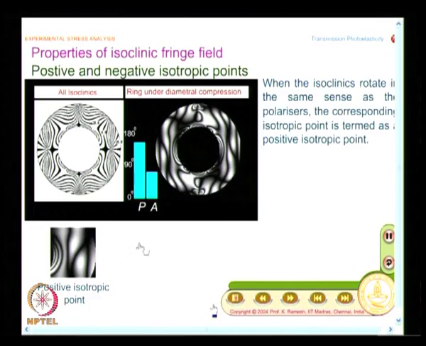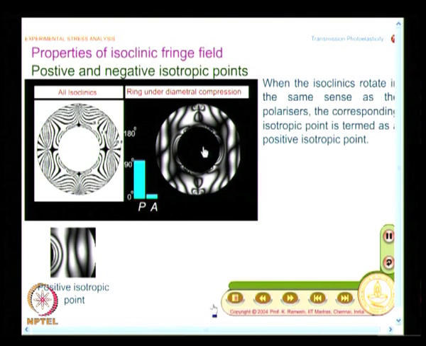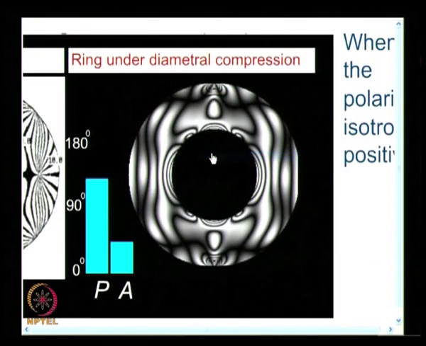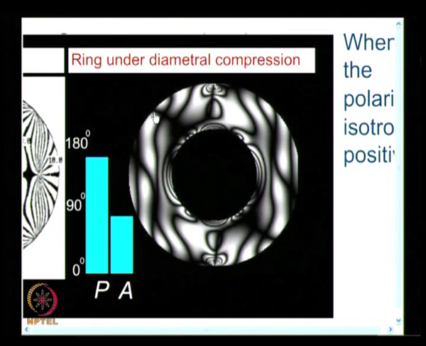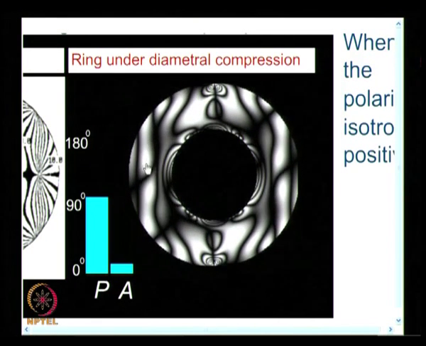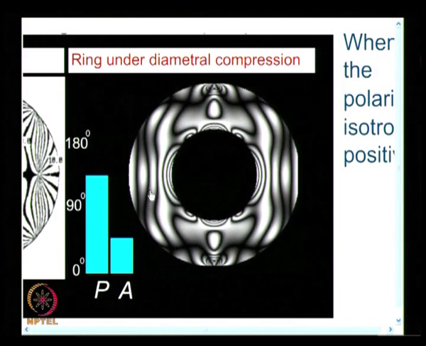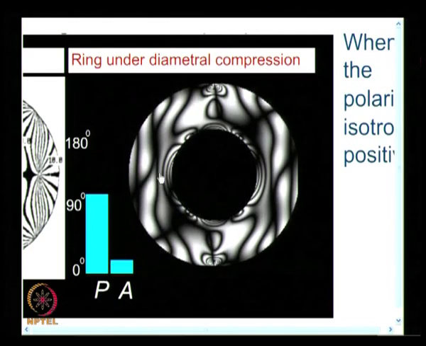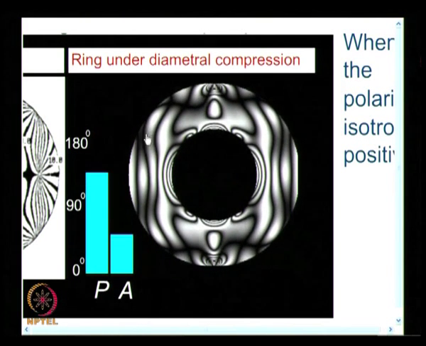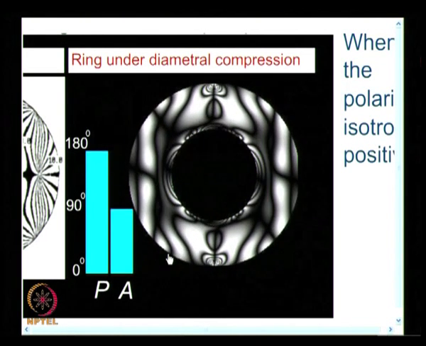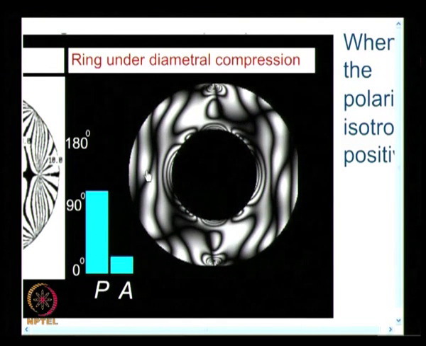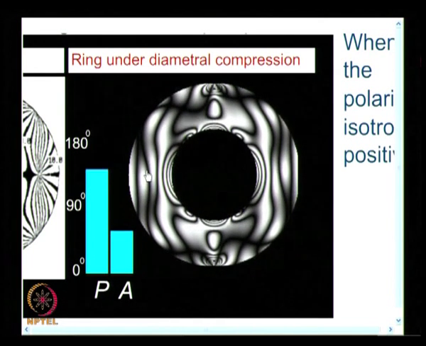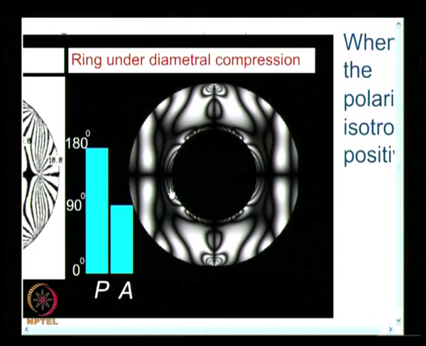And what you find here is, I can zoom it and then show. See, I have a point here, I have another isotropic point here, I have another isotropic point here. You have something interesting happening. When I move from this isotropic point to another isotropic point, in between the sign changes. That is how it will appear. So, this is a nice cue for you to verify whether you have labeled the isoclinics correctly.